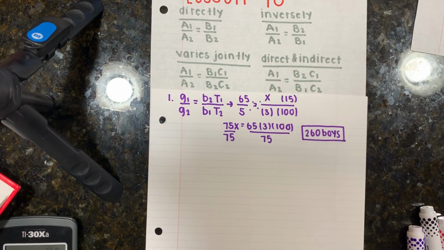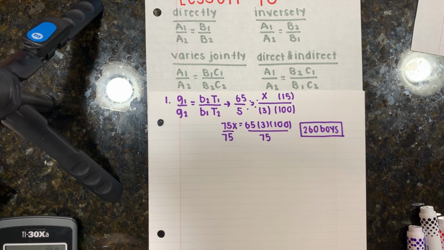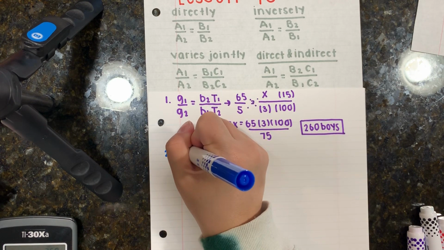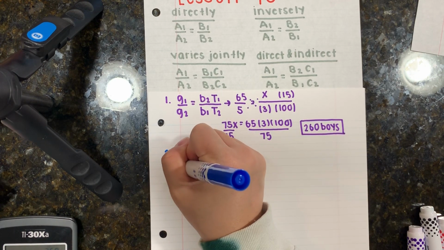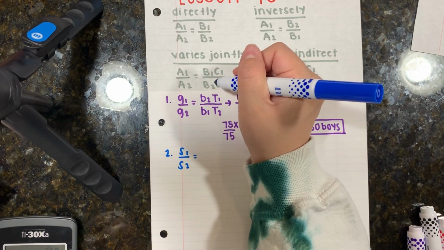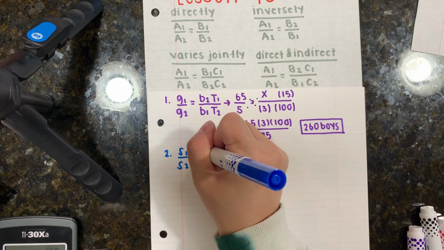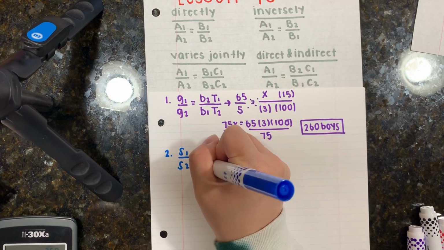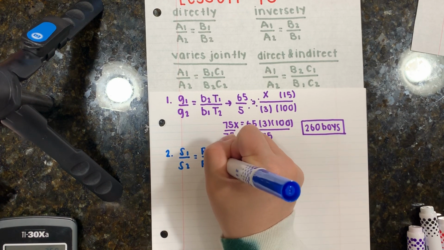So number 2, we have spanners vary jointly as ratchets and emitters. Okay, so for number 2, we have varies jointly. So it's the spanner, so our S1 over S2 varies jointly. We're going to use this equation here. It's varying jointly as ratchets and emitters, so it would be R1 and M1 over R2 and M2.